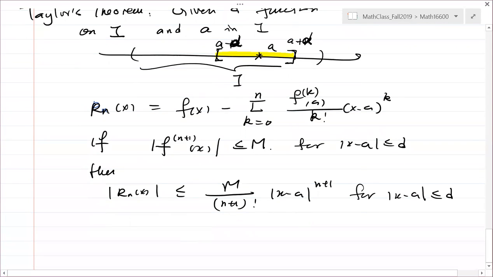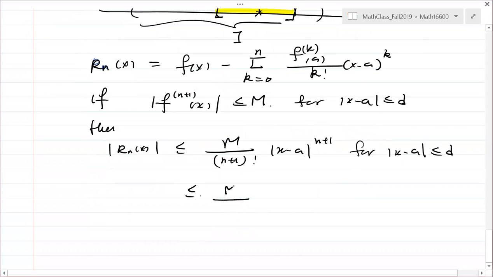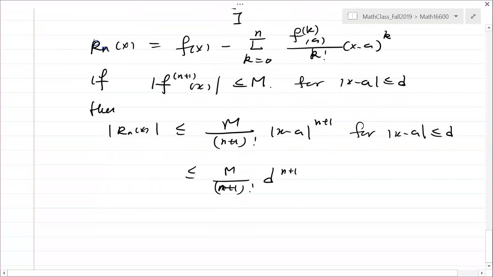All right, so of course it's going to be smaller than D. Well, this is smaller than D, right? So you can also just say that it is M_{n+1} D to the n plus 1. Okay. So as long as this converges to 0, I think that we should put n here.